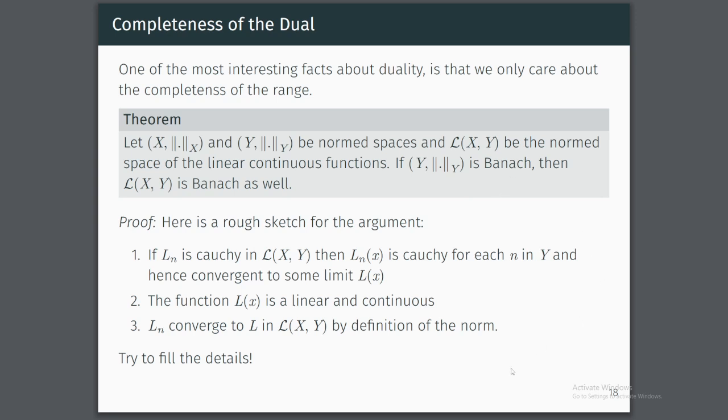Usually proving a space is Banach is not incredibly difficult, and there are certain cases where you need to be a little bit clever, like in how we proved LP is Banach. For the most part, a lot of the time people prove something is Banach, it relies directly on it being a subset of a Banach space, because if you prove something is a closed subspace of a Banach space, then that subspace is also going to be a Banach space.